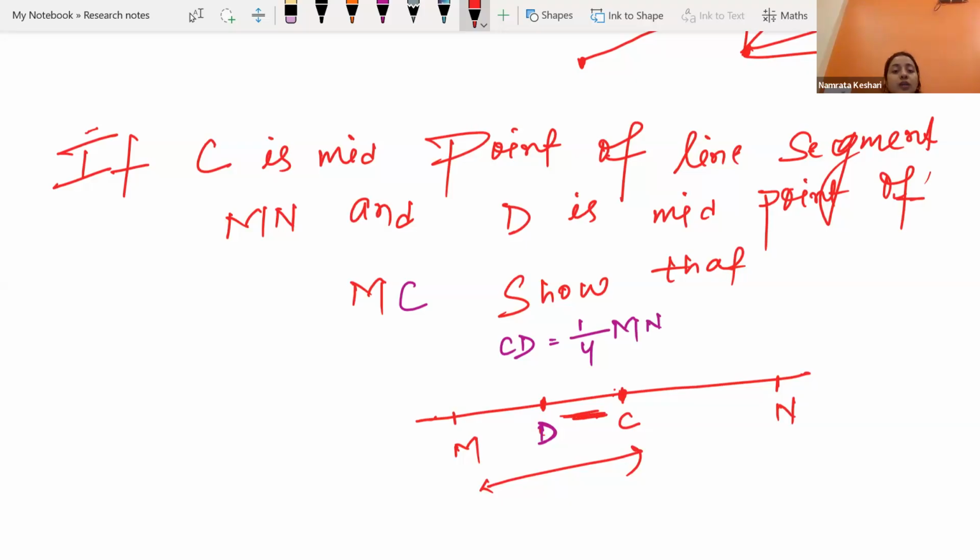We can show it only by using axioms and postulates. Mathematically, logically, you may already be getting it without proper explanation, but here we need to use axioms. Please check it, I'll be explaining, don't worry. First you try it.